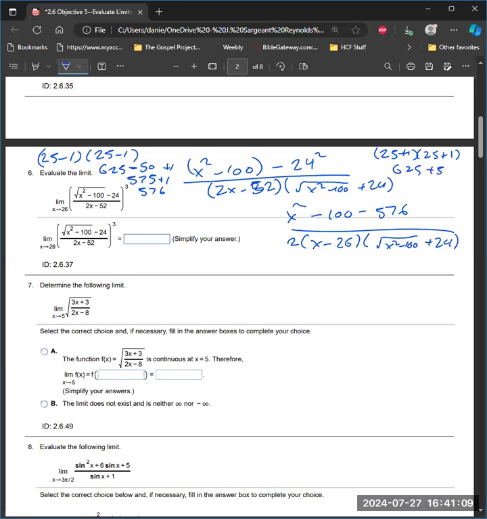75 plus 50 plus 1, 675 plus 1 is 676. This is x squared minus 676. This is x plus 26, x minus 26, 2 times x minus 26 times that square root.